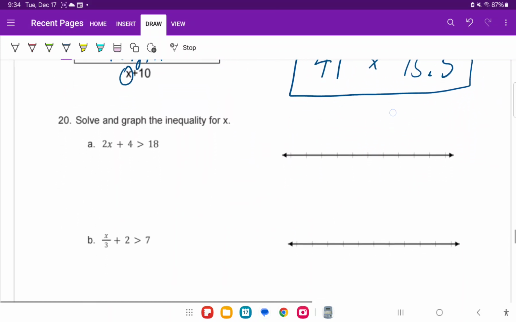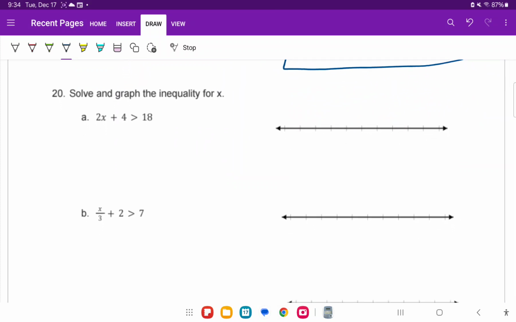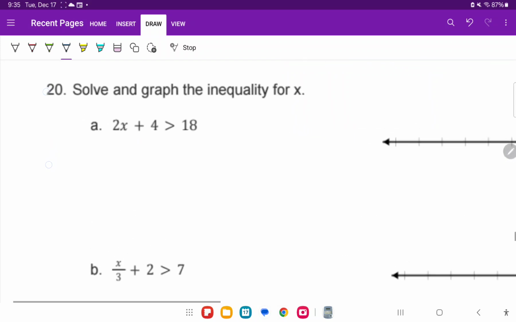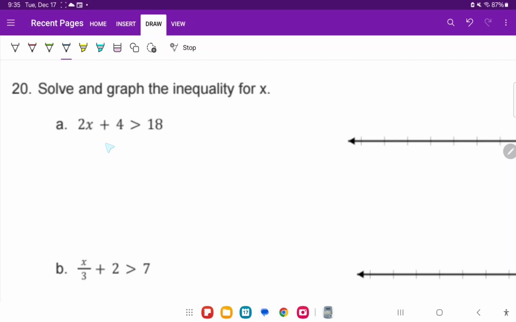All right, so we have a section here where we are solving and graphing some inequalities. Okay, so on number 20, we're going to solve these just like if they were equations, but these are inequalities. So we are going to, first of all, subtract 4 from both sides.